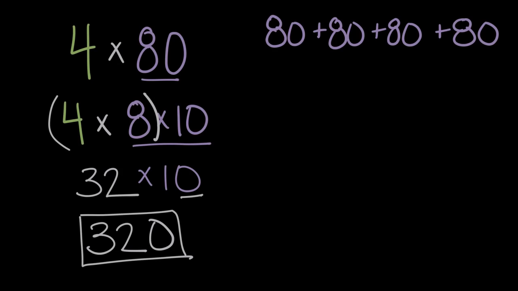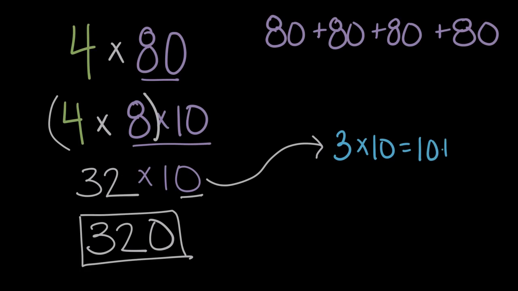And there's a reason that pattern works. We went into it in another video, but here just real quickly. 32 times 10 is 32 tens. And we can do a few examples. If we had, say, 3 times 10, that would be 3 tens, or a 10 plus another 10 plus another 10, which equals 30, our whole number with a 0 on the end.